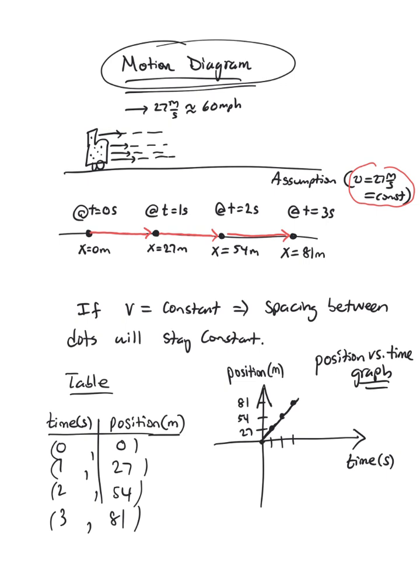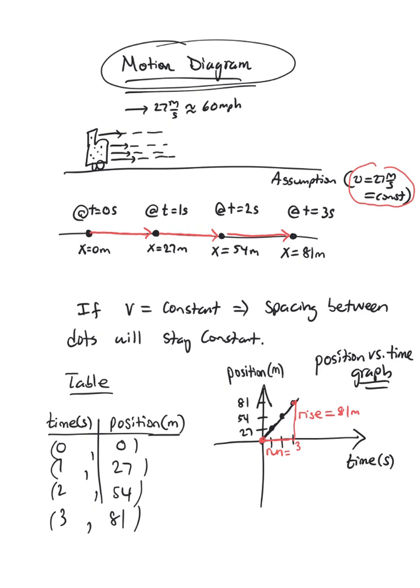So what would the slope of that line represent physically? So if you remember slope, to calculate it, you need to calculate the rise and the run, right? So the rise, we go from 0 to 81, so that would be 81 meters, right? That's the rise. And then the run, we go from 0 to 3 seconds, right?